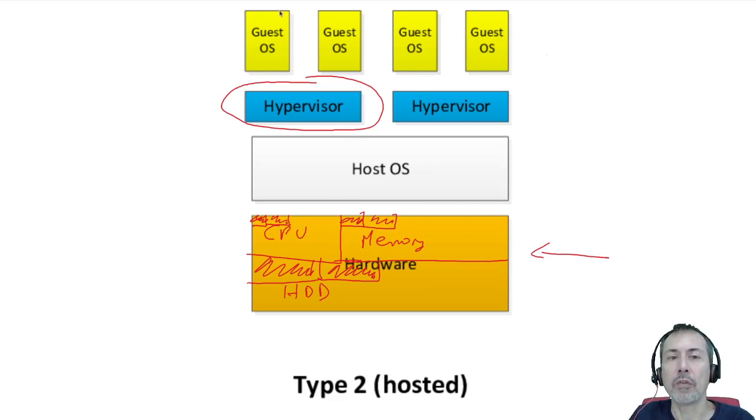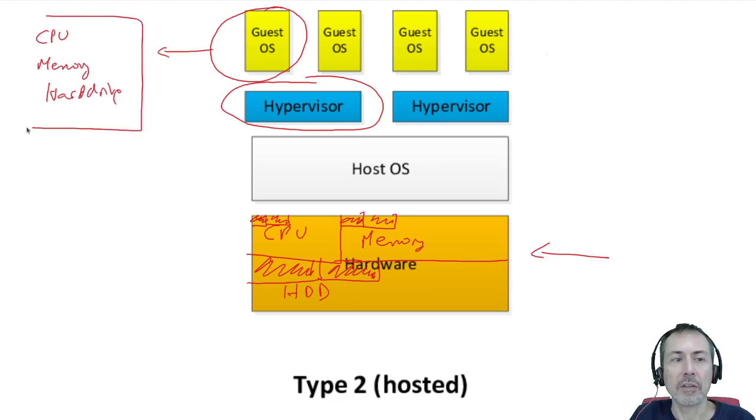When you run a virtual computer, remember this is a computer, it will have a CPU, some memory, and some hard drives. The resources of this virtual computer will be assigned from your real hardware.